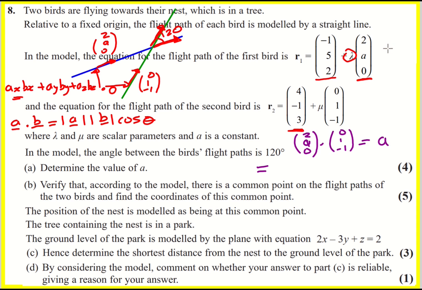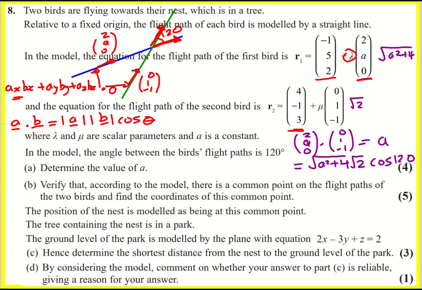This one is going to be 2 squared plus a squared, square rooted. So the square root of a squared plus 4. And the magnitude of my second one is going to be 1 squared plus -1 squared. It's going to be root 2. And then I'm timesing by cos 120.